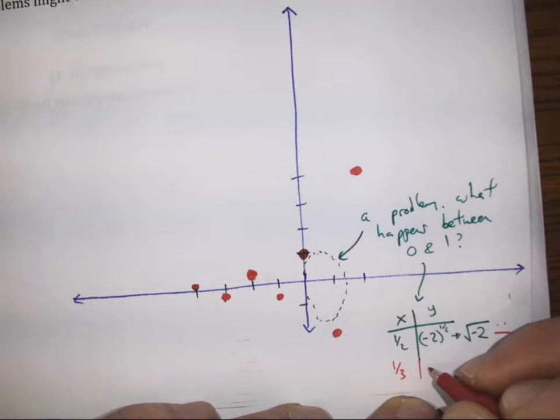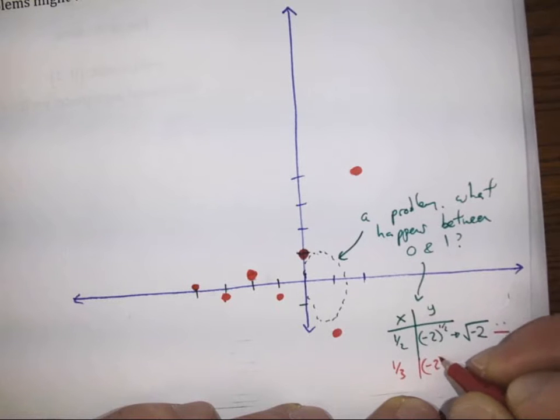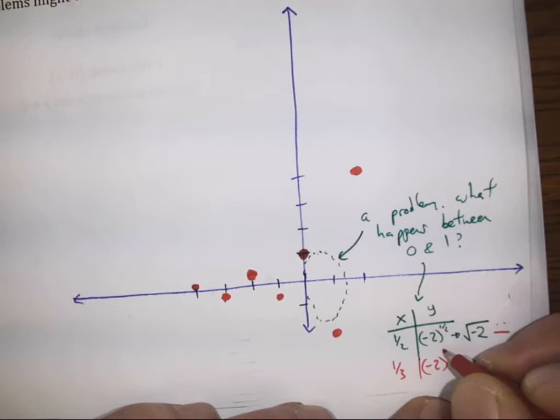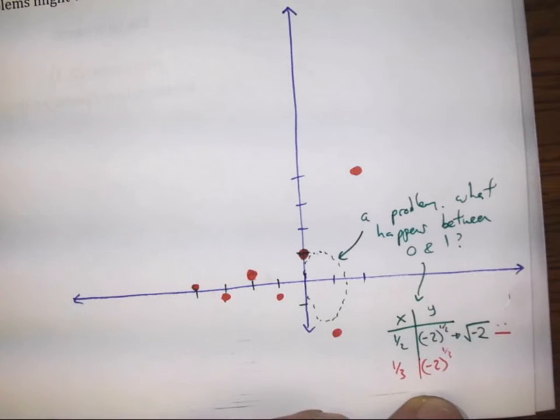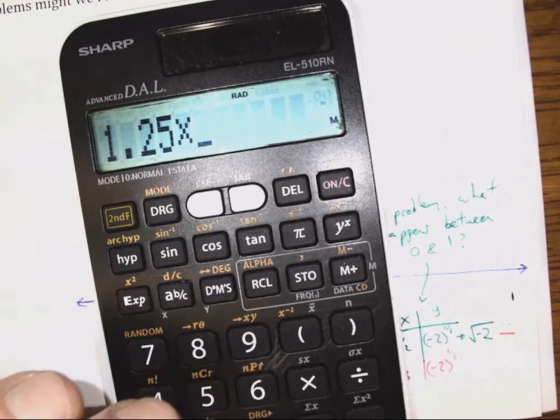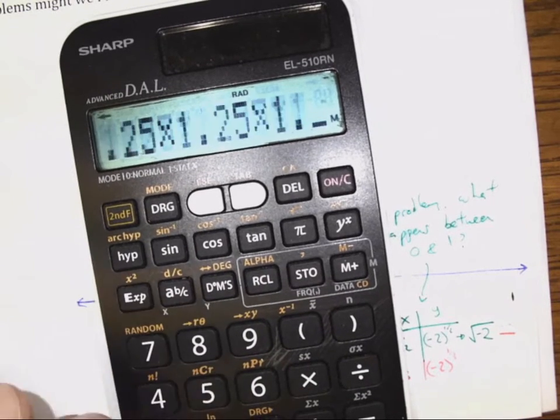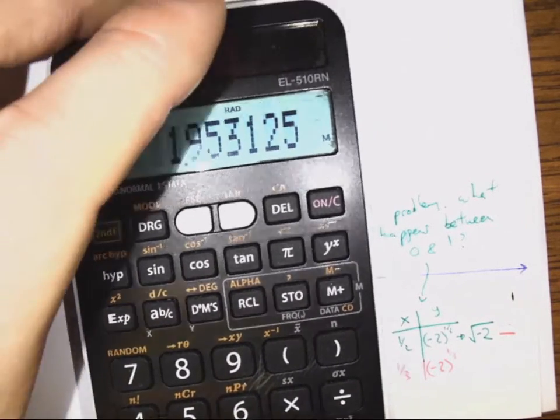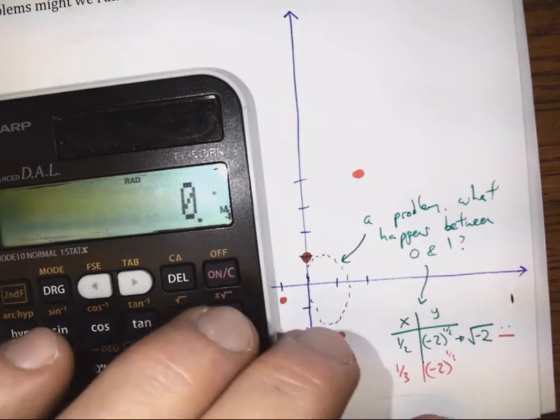It can be 1/3. It says what number times itself three times gets you negative 2. Actually, you don't know what that number is, but I feel like it's probably like 1.2 or something like that. 1.25. Let's just try it. 1.25 times 1.25 times 1.25. Okay, so it's a little bit higher, and actually has to give us negative 2.